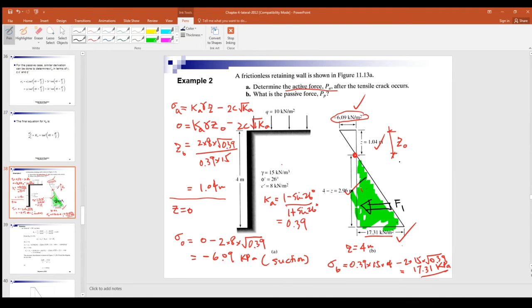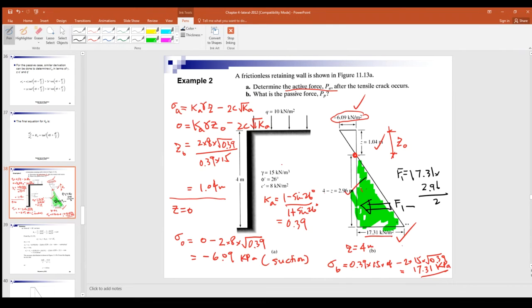So that's F1. F1 equals what? 17.31 times 2.96 divided by 2. It gives you this area, right? The area of the triangle, base times the height divided by 2. Okay? So you got F1.